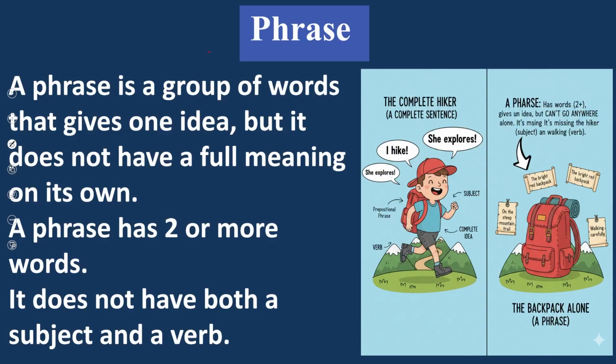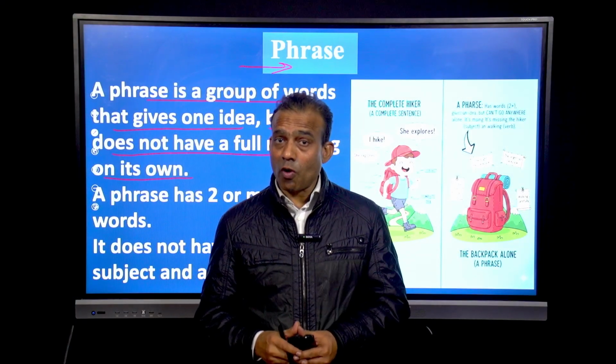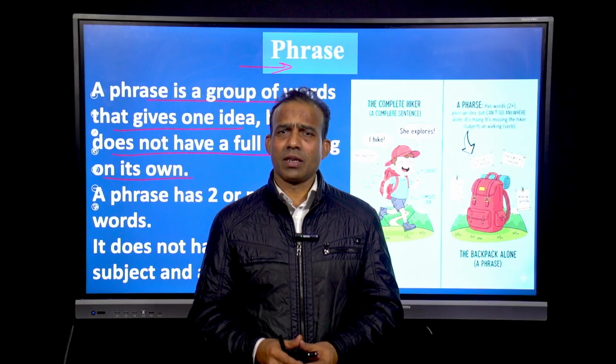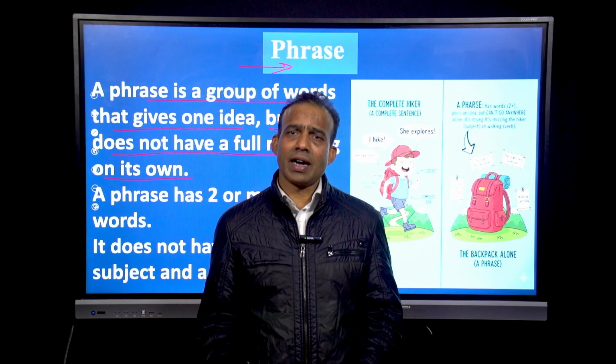What is a phrase? First of all, we will look at the phrase. A phrase is a group of words that gives one idea, but it does not have full meaning on its own. It means that, dear students, a phrase is a word or group of words which does not give complete sense or meaning, but an incomplete sense or meaning of the words is called a phrase.